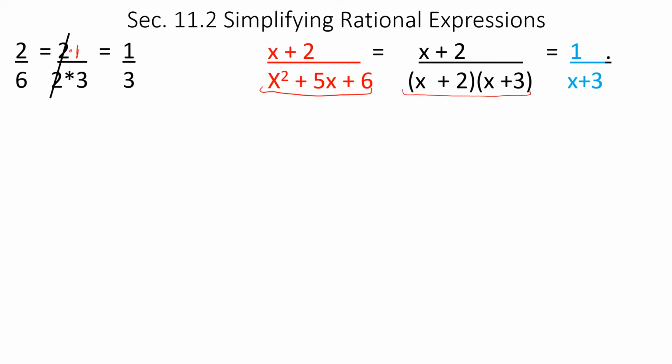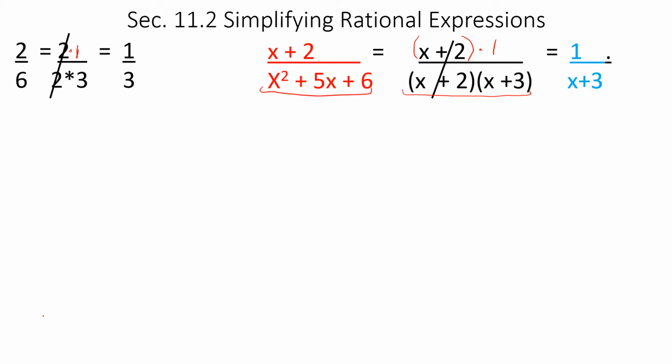And then from there, they looked at does it have a common factor? So you can think of this as x plus 2 grouped together. It has a common factor of x plus 2 and x plus 2 on the top and the bottom. So we canceled those out. Now remember, think of this as like saying times 1. So when it reduced, we ended up with 1 divided by x plus 3 in the blue.